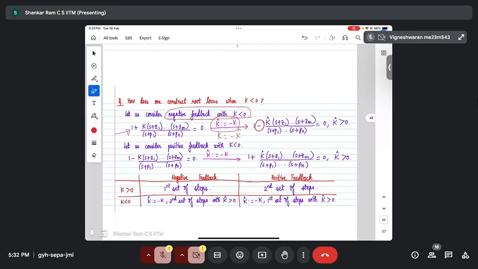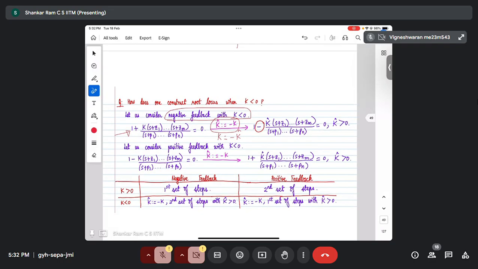But what is the implication? Then this equation becomes 1 minus K hat times (s plus z1 all the way till s plus zm) divided by (s plus p1 all the way till s plus pn) equals 0. But now K hat is positive. So constructing the root locus with negative feedback and negative K becomes equivalent to constructing the root locus for positive feedback with a positive K hat.